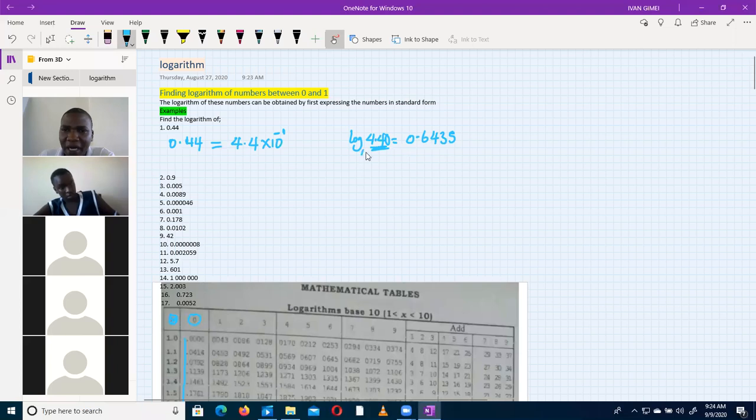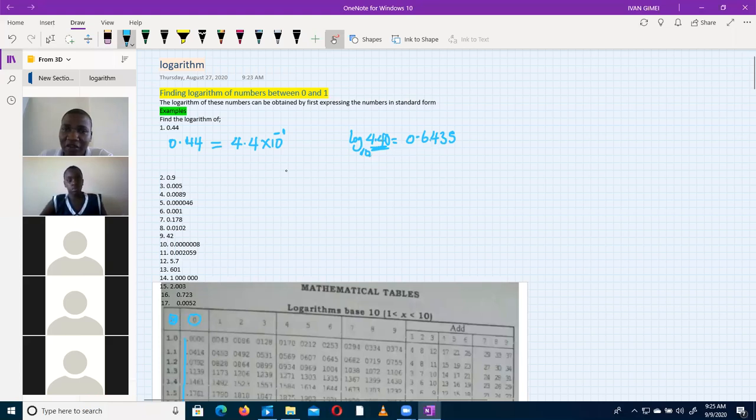But then remember, at the beginning we said, if I write log of 4.4 to base 10 is equivalent to 0.6435, here I'm simply saying that if I have 10 to the power of this, it has to be the same as 4.4.